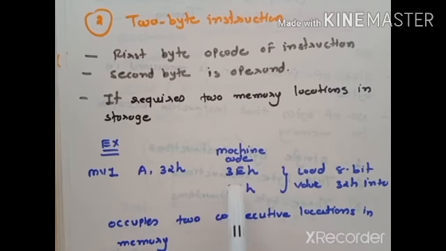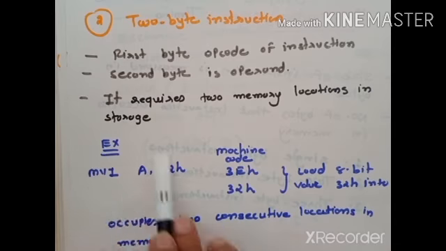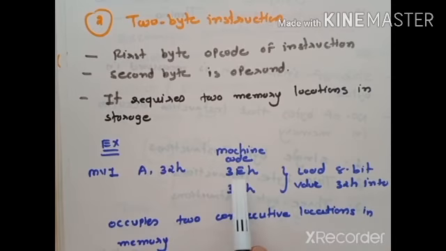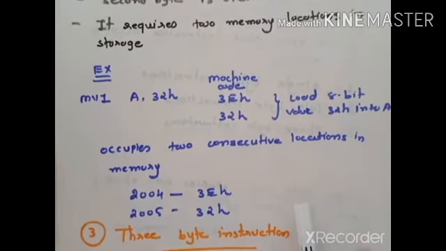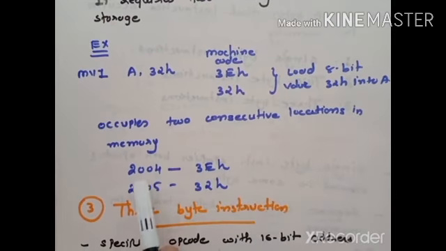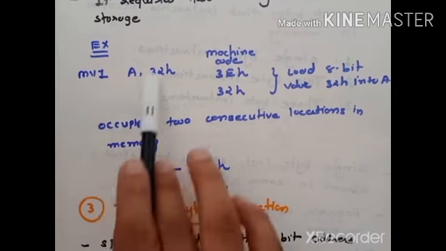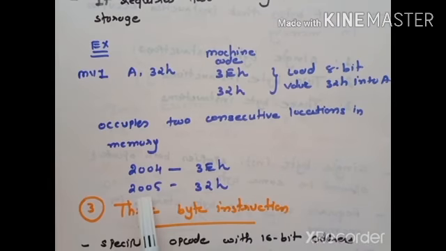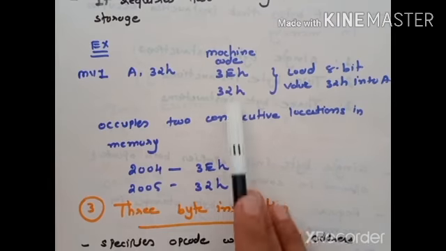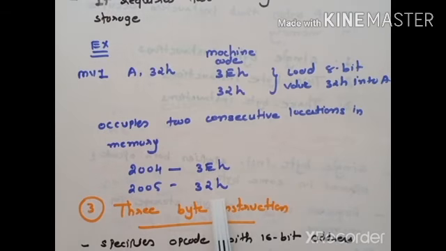That means first stores the hex code of MVI A, that is 3E, and second stores 32H. Like 2004 stores 3E, the hex code of MVI A, and 2005 stores 32, that means 8-bit data.